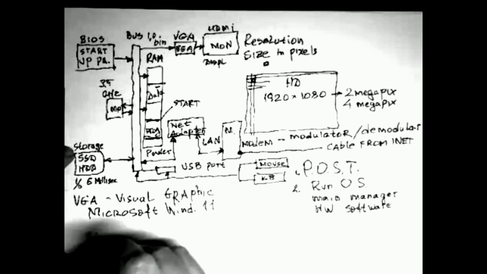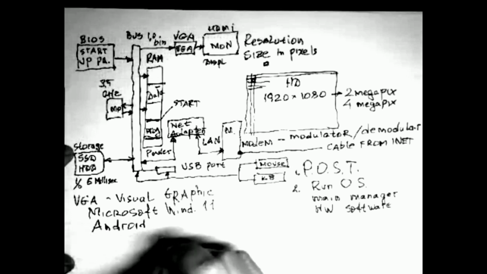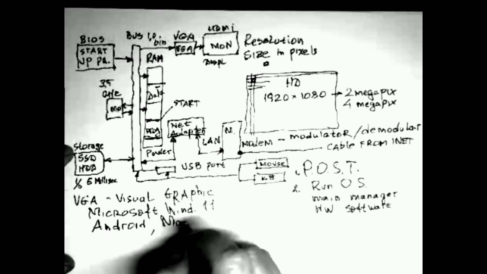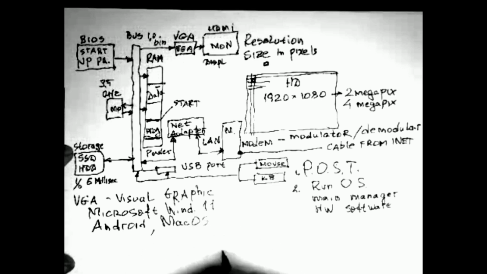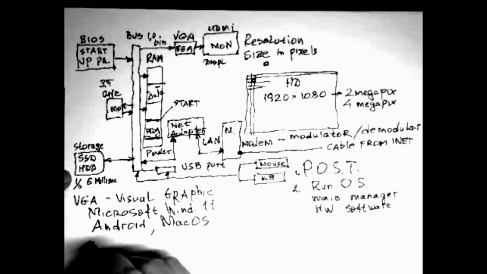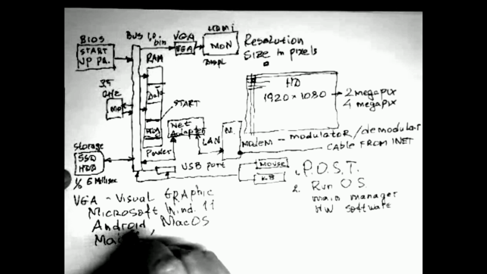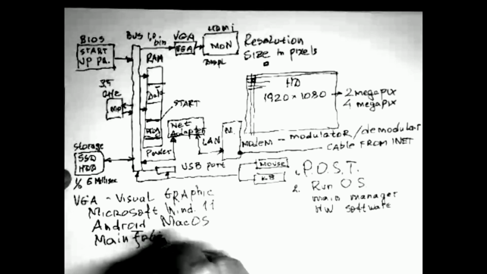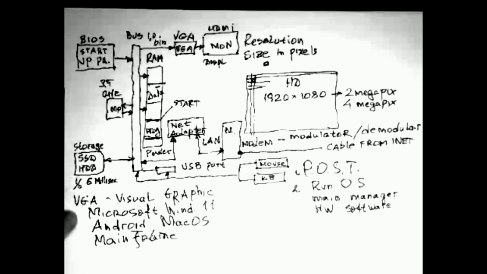For your telephone, it could be Android or Mac operating system. For the huge computers that do banking or control aircraft in space, that could be mainframe, and so many other operating systems, folks.